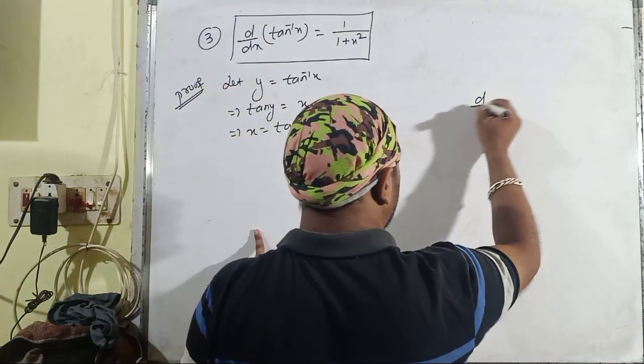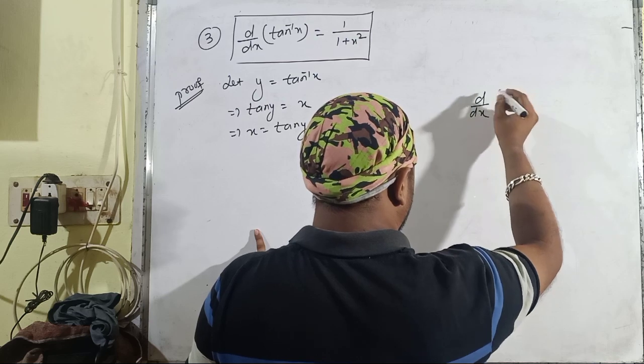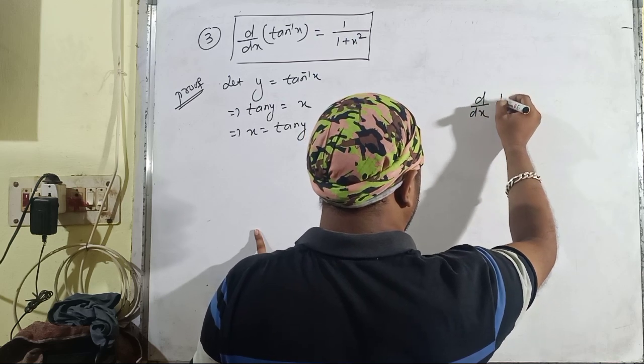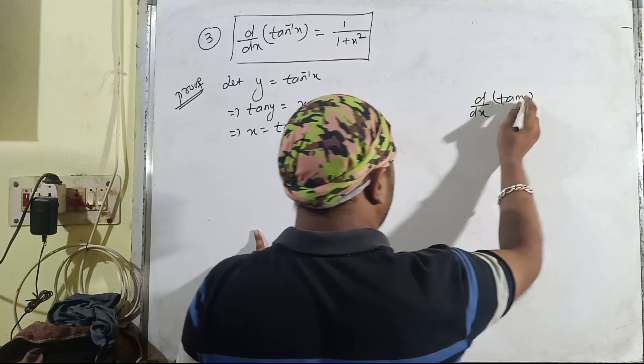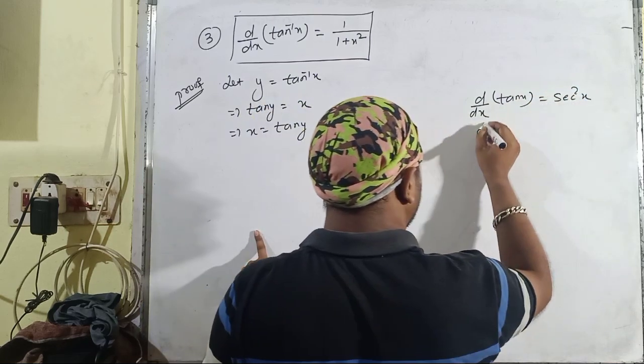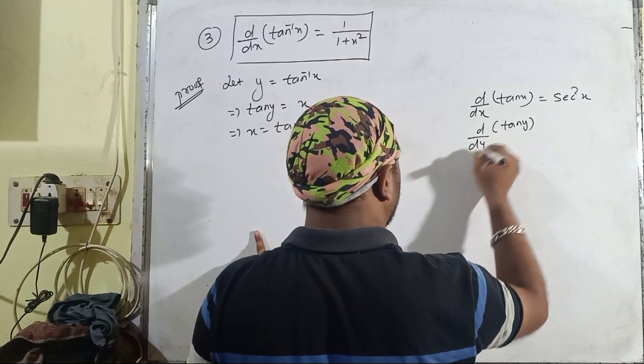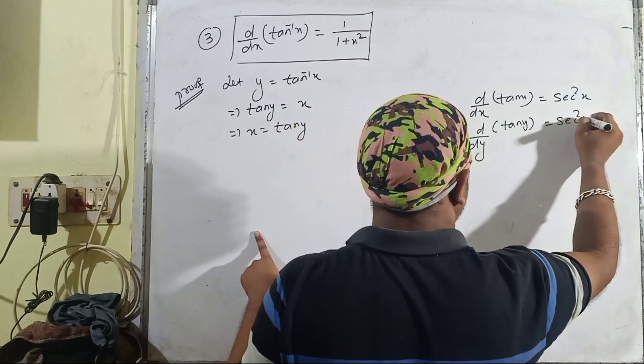But before going to the differentiation, let us recall the differentiation of tan x with respect to x, it is sec square x. Similarly, differentiation of tan y with respect to y will be sec square y.